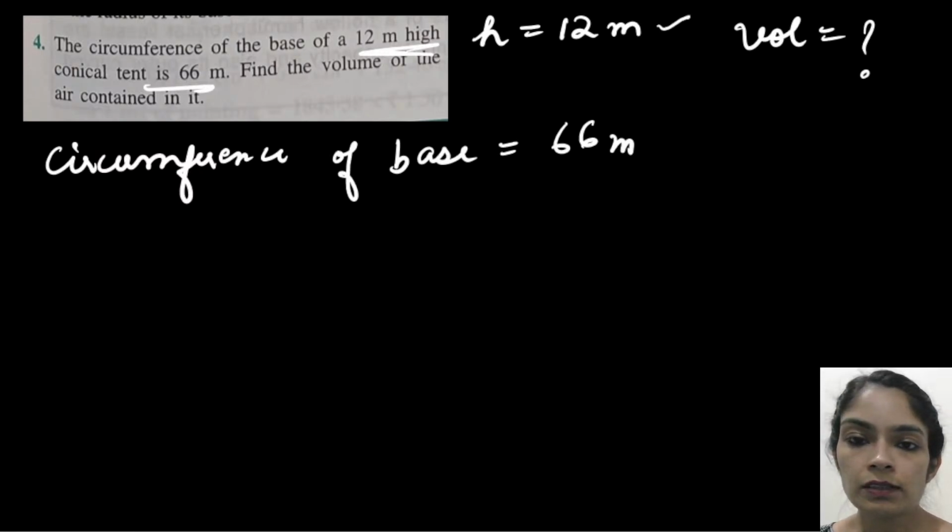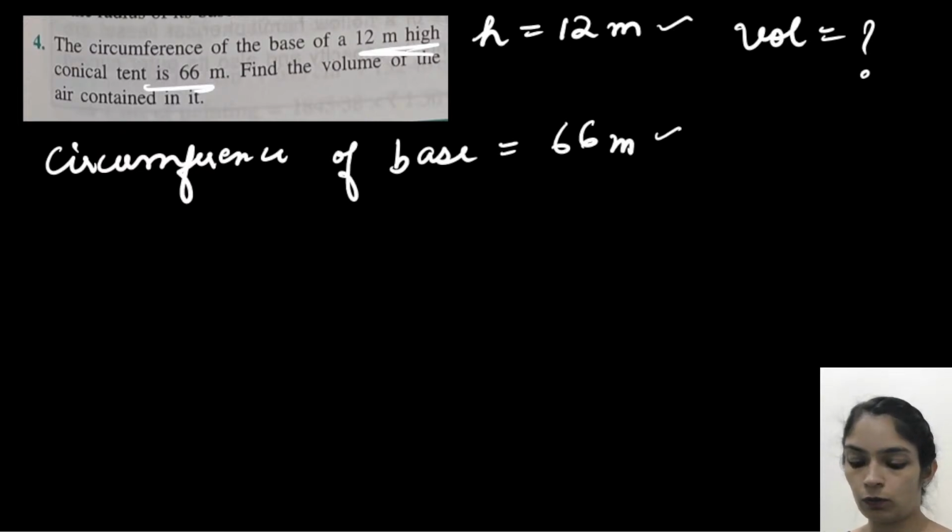The cone's height is given to us. Circumference of the base is given to us. So what is the formula of circumference? Let's see who remembers this. Circumference formula I have told you in one of the questions of cylinder also. What is the formula of circumference?